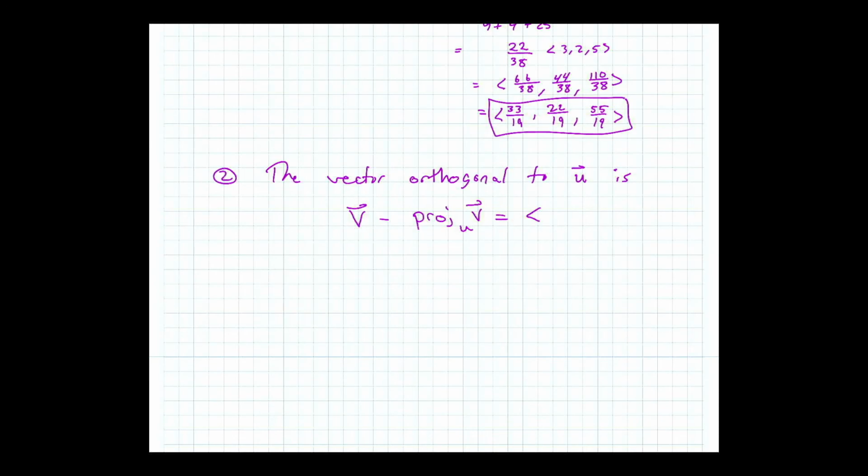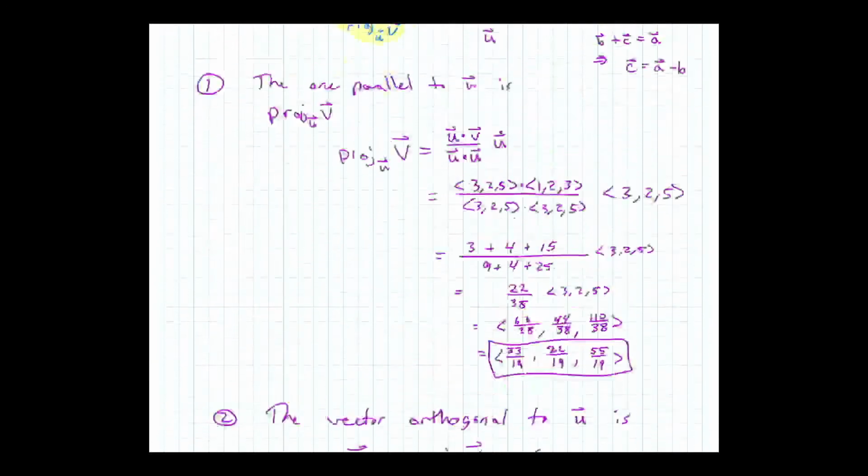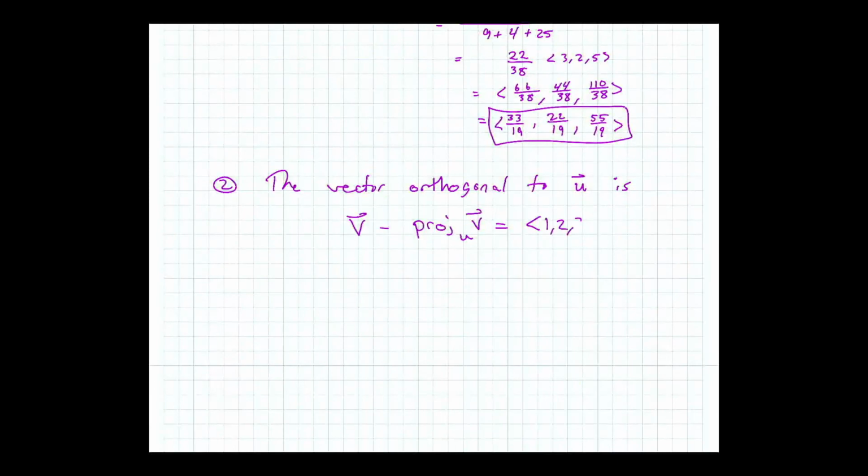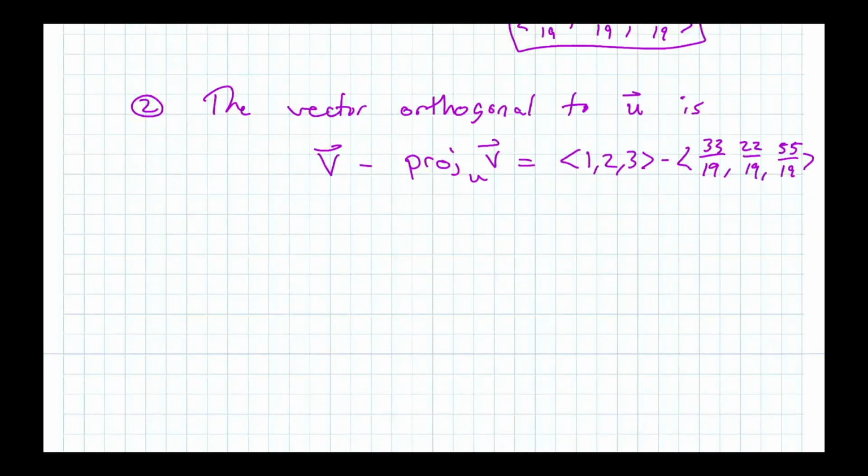So the vector V is 1, 2, 3, is that right? Yeah, 1, 2, 3 minus 33 over 19, 22 over 19, 55 over 19. So, you know, it's a little bit tedious to calculate this kind of thing, but it's not that bad.